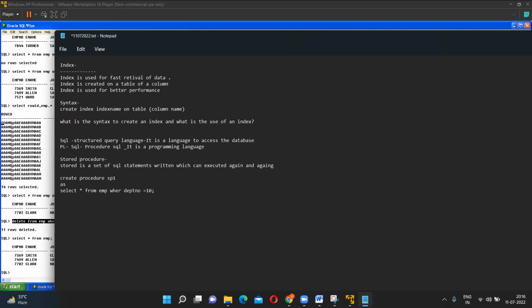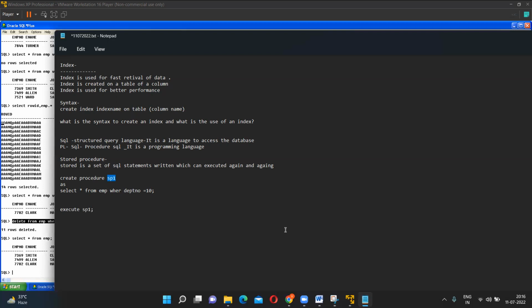A procedure will be created whose name is SP1, and we can execute this procedure n number of times. We can write execute SP1.